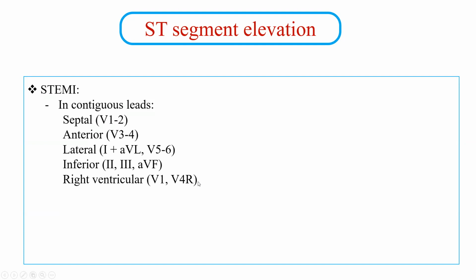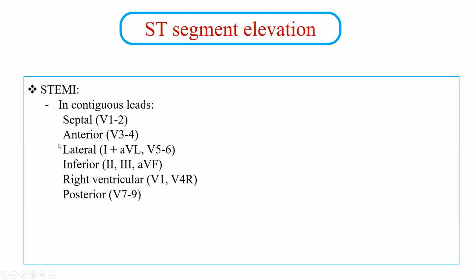If the patient has a right ventricular infarction, it will give us ST segment elevation there. V1 as well, because it looks at the septum and is placed on the right side of the sternum, can give us an idea about the right ventricle. If you suspect a posterior wall infarct, you will put 3 new leads, V7, V8, and V9, on the back of the patient, and they will show ST segment elevation.